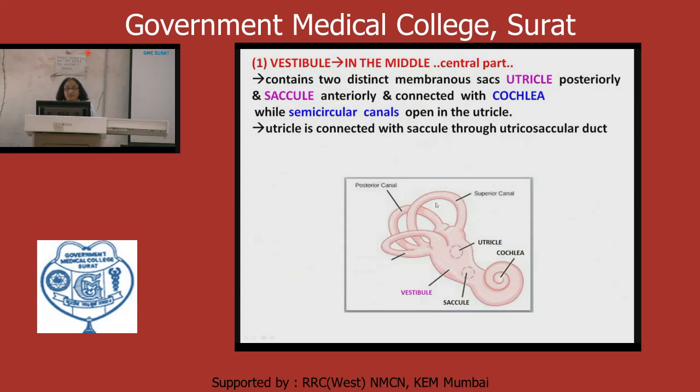We have discussed the central vestibule portion, posteriorly with the semicircular canals, and anterior to it the cochlea. So utricle posteriorly and saccule anteriorly. The semicircular canals open in the utricle.